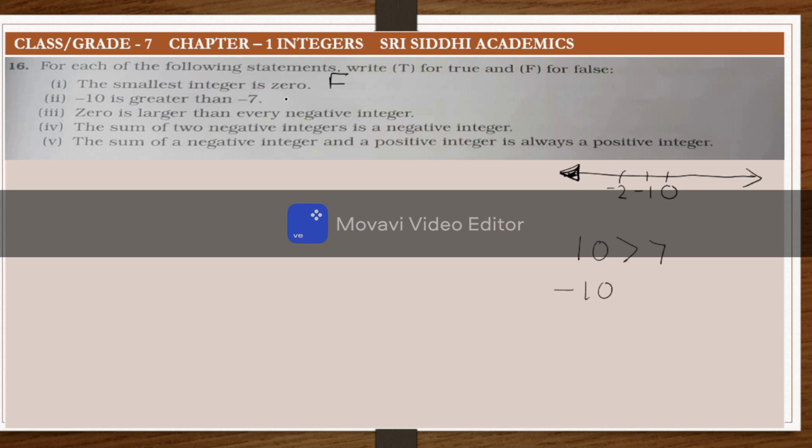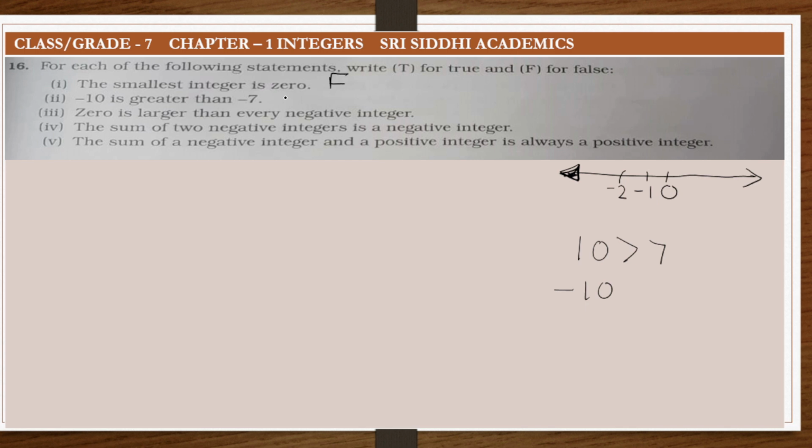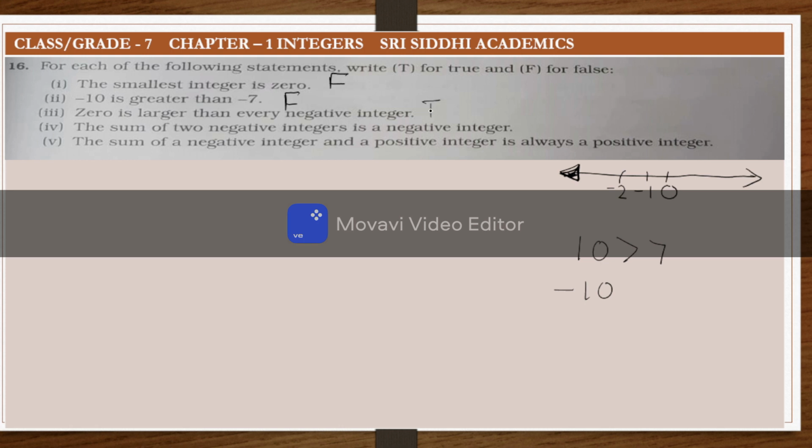So -10 value is actually less than -7. So this also is false. 0 is larger than every negative integer. Yeah, that's true, because it comes after -1 in the number line. So definitely 0 is a value larger than every negative integer.